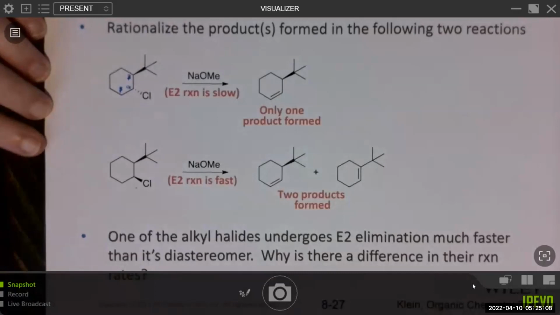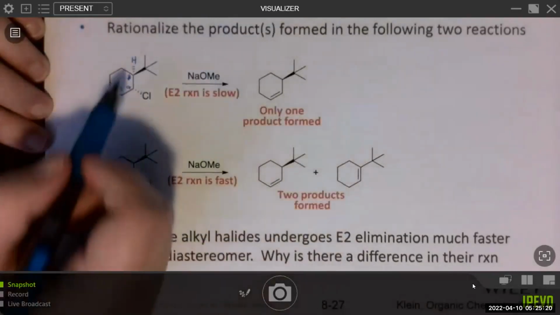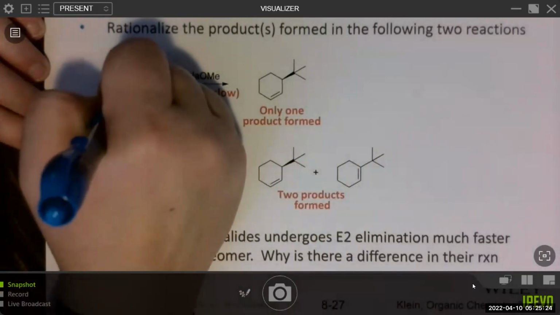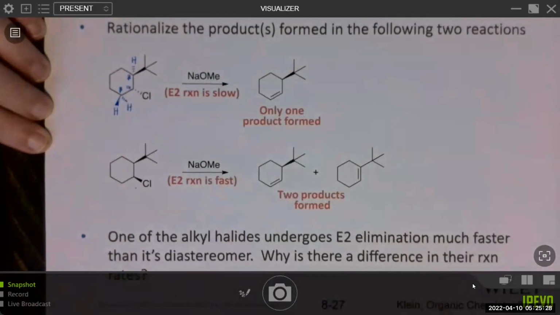We can draw in all the hydrogens attached to the beta carbon because those are the ones that could potentially be removed in an E2 reaction. So we have a hydrogen that's down here, and we also have a hydrogen that's up and a hydrogen that's down at this other beta carbon.